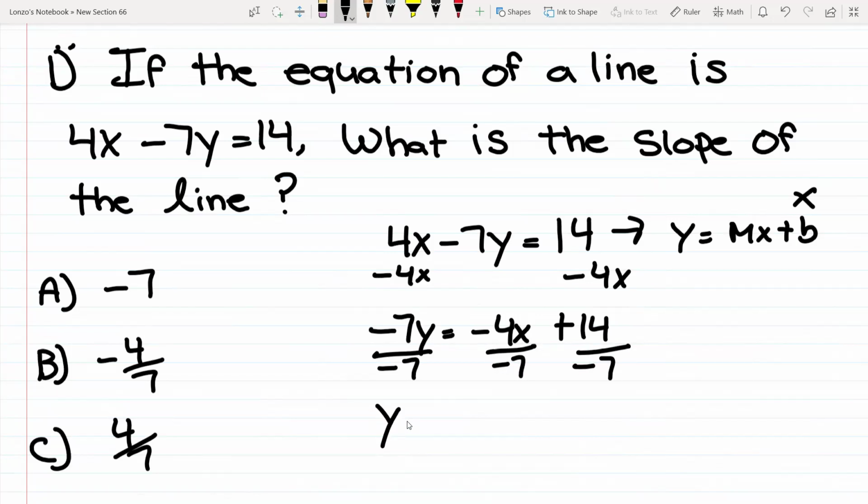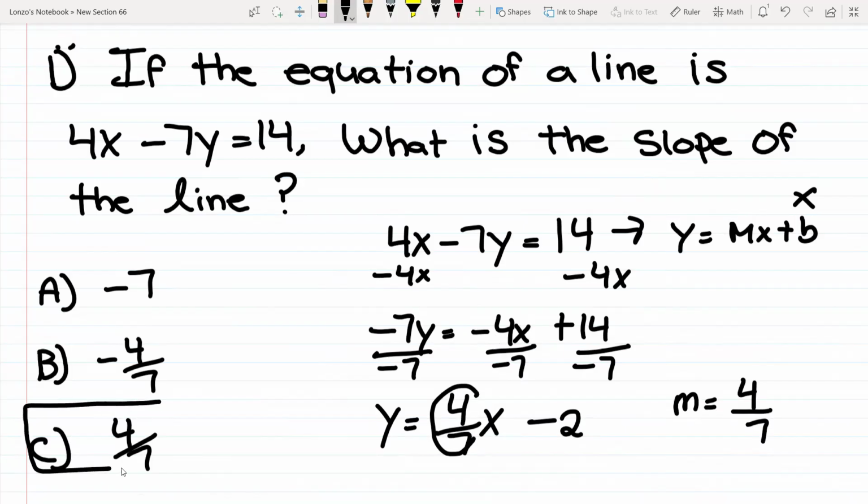So you get y equals negative 4 divided by negative 7 is positive 4/7 x, and 14 divided by negative 7 is negative 2. So what is the slope? The slope is the number in front of x, so that's going to be 4/7. So yes, that is going to be C.